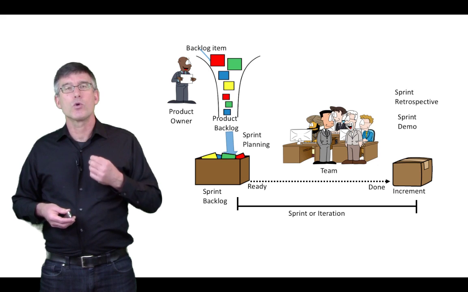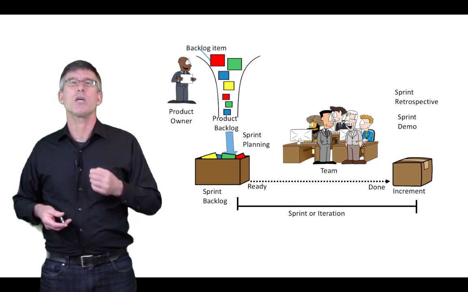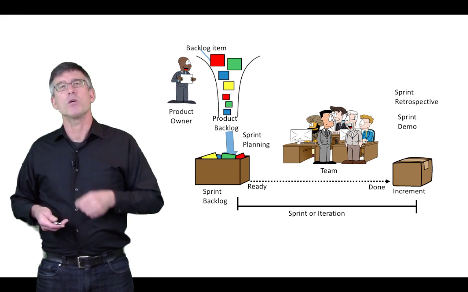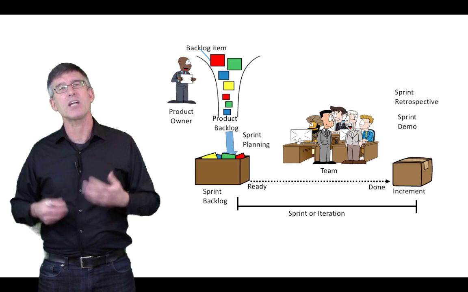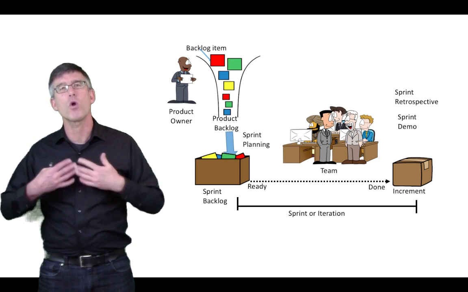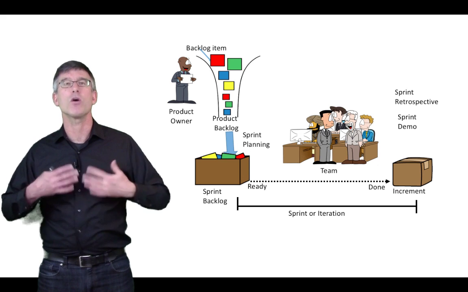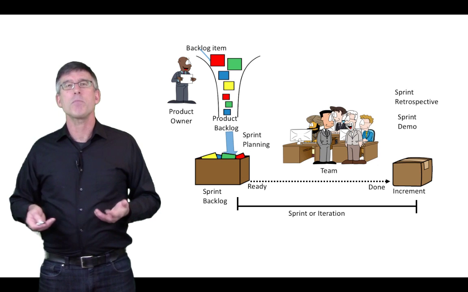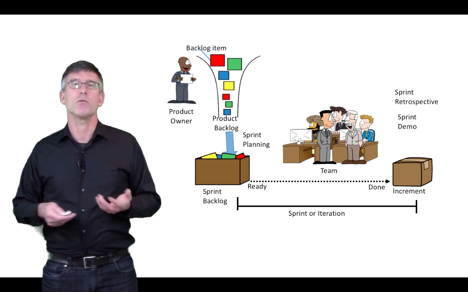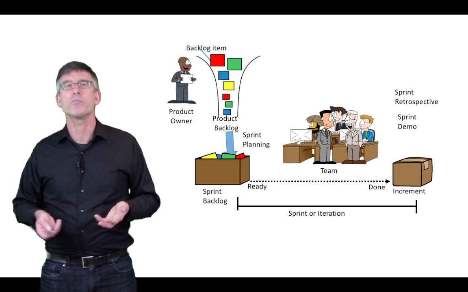A lot of high-functioning Scrum teams, what they will do is the output from their sprint retrospective will go into their backlog as well, and they actually spend some time constantly working on improving the way that they work together and deliver work products. Some people have said that with Scrum you can get an order of magnitude improvement.